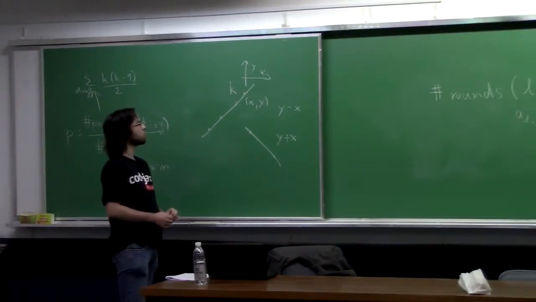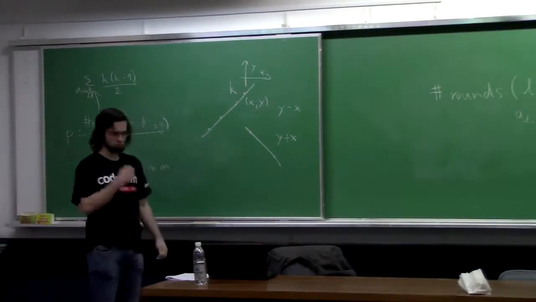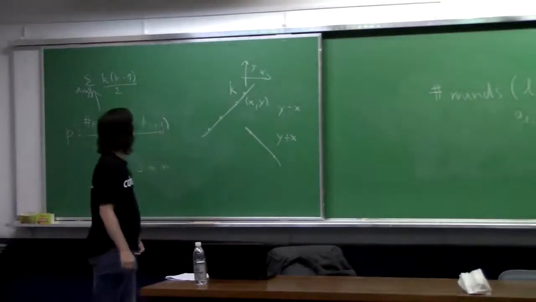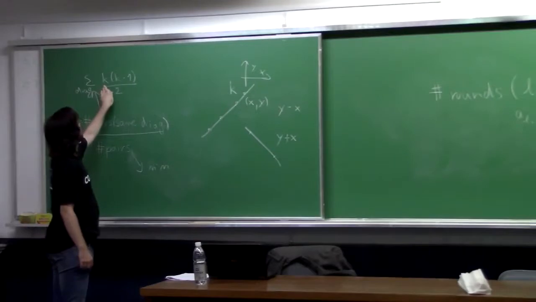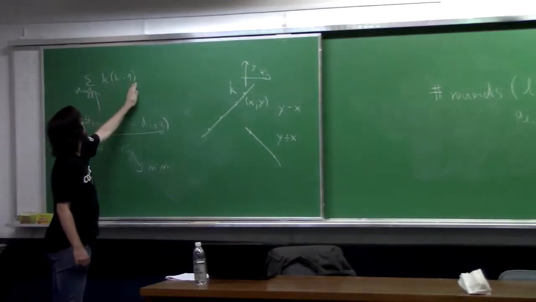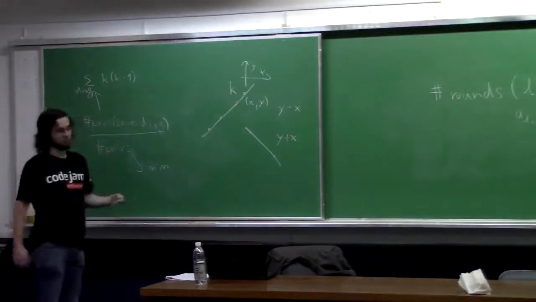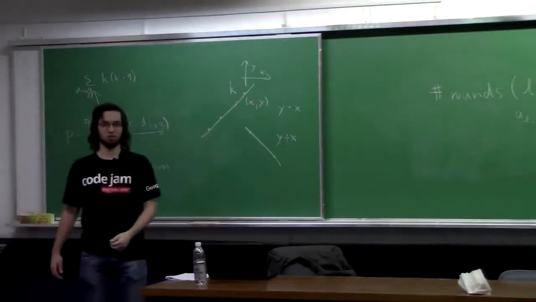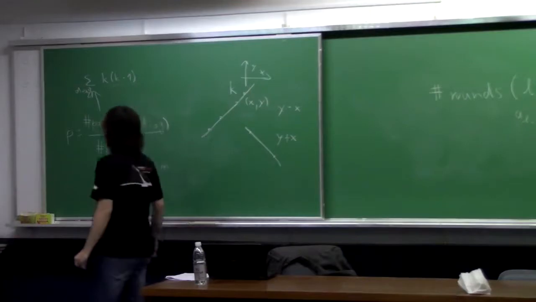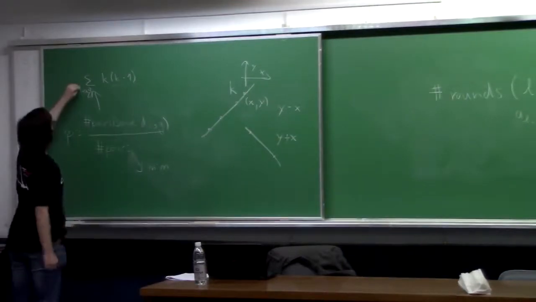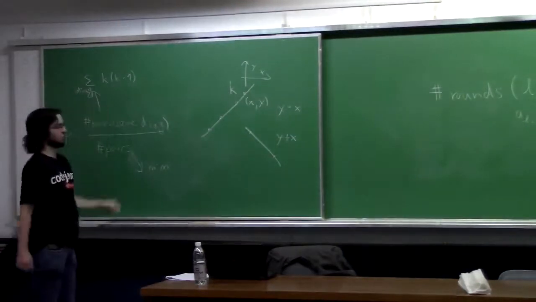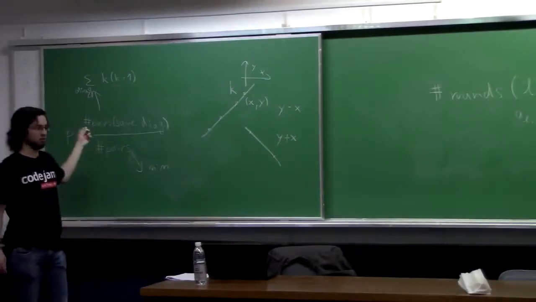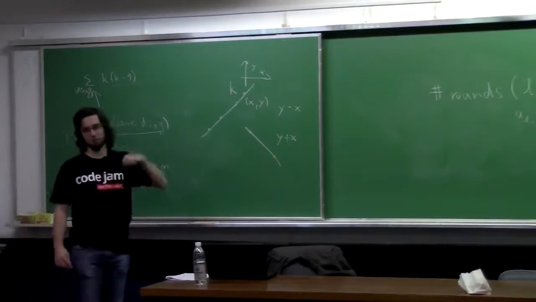The order kind of matters, but it's just a constant of 2, and we are only looking for the winner, so it's whatever. Not dividing by 2 is the probability that one player will win, and if we divide by 2 it is the probability that one specific player will win.